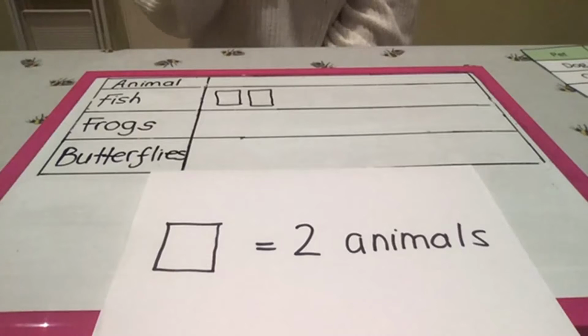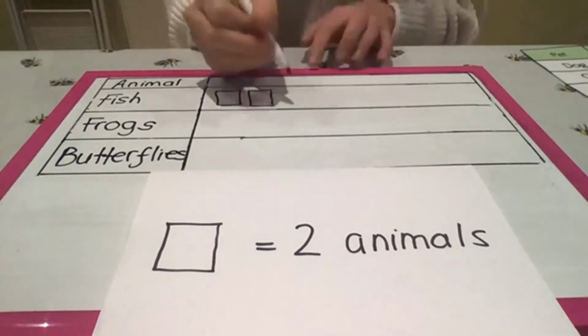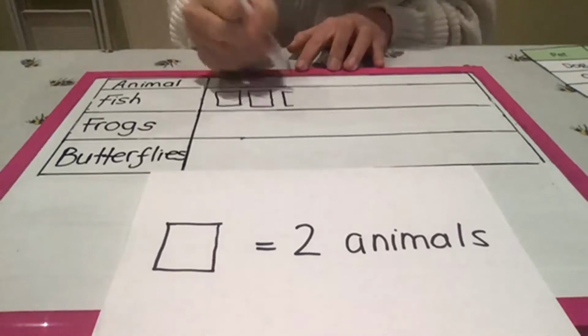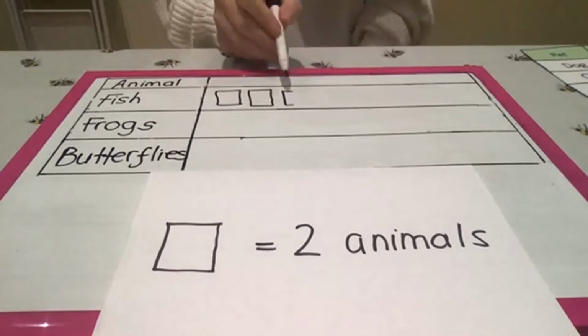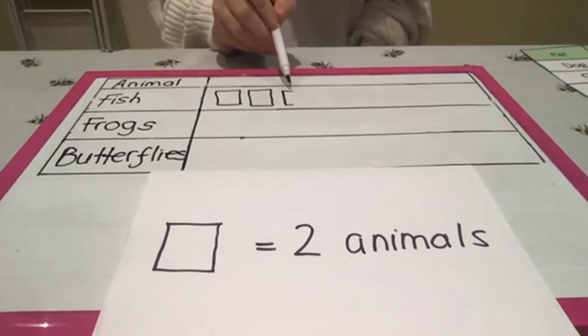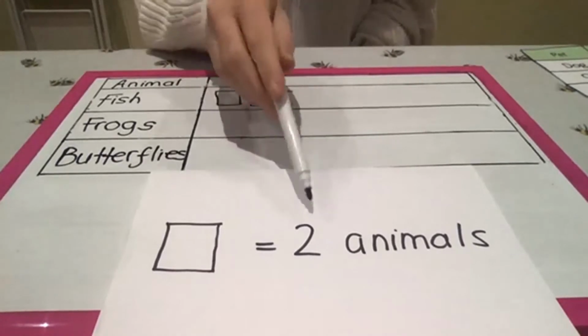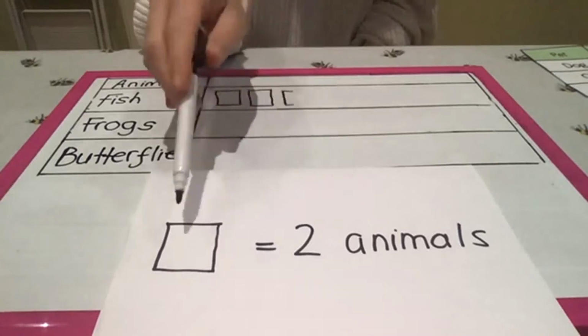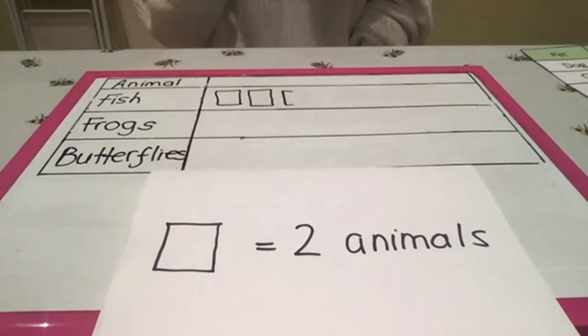So therefore, what we can do here is just draw a half square. Okay, so there's our half square, and our half square represents 1 animal because half of 2, which is our square, is 1. So if we half that square, we can represent 1 animal.